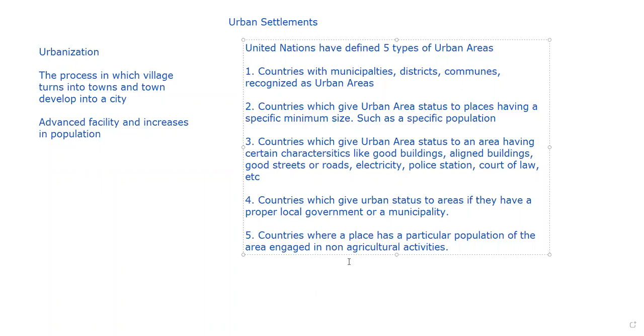All right. So the cycle of urbanization. So these were the 5 types of countries. Okay, now the sound is fine. Right.